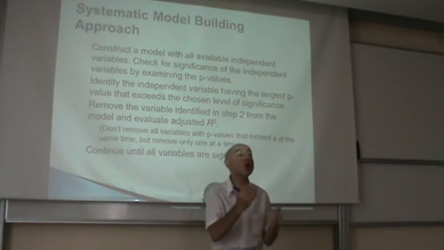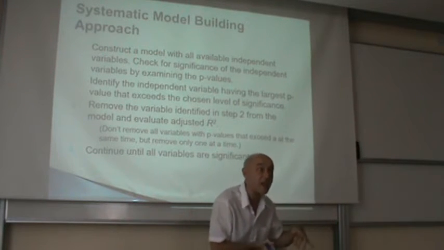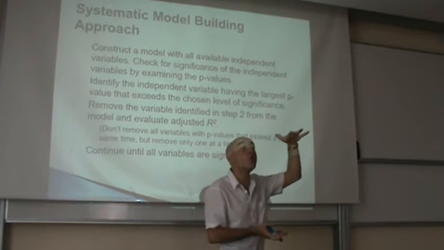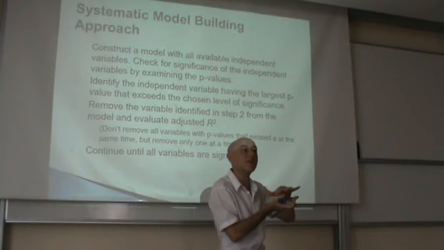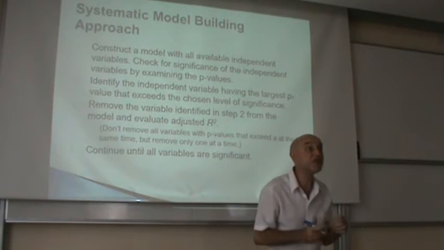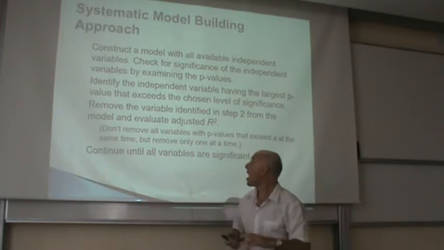So you're going back and forth until you find a model which has a very high F value, the overall ANOVA probability is very low, and the adjusted R squared is relatively high.